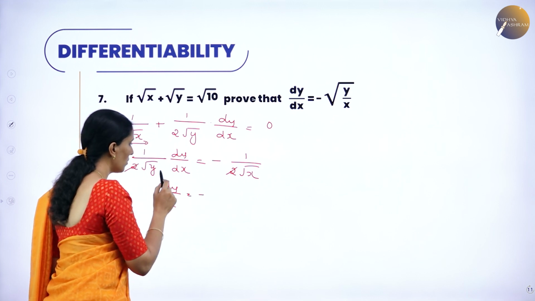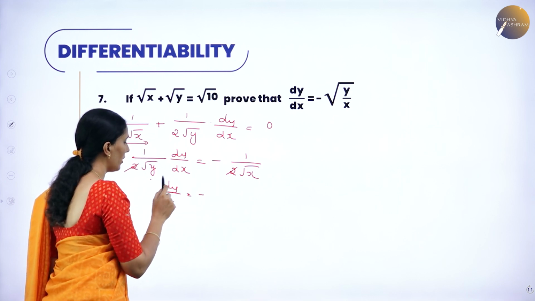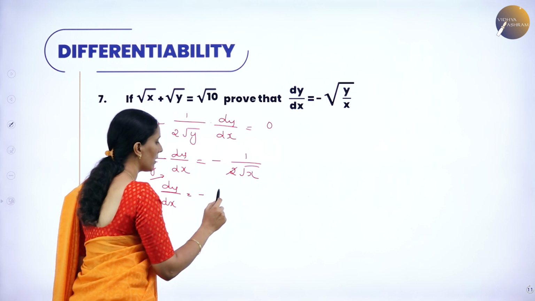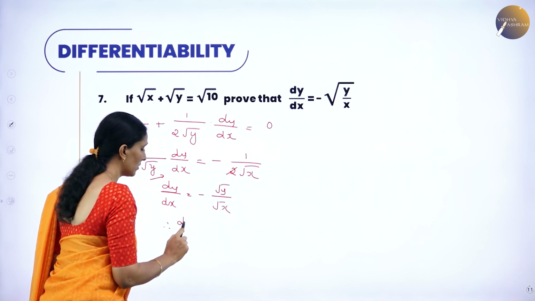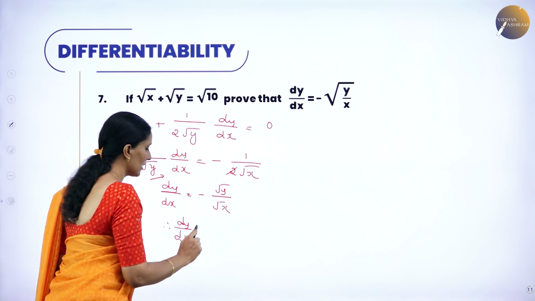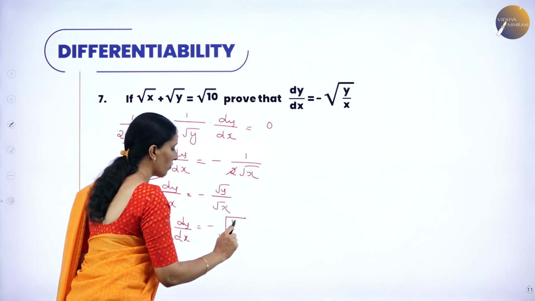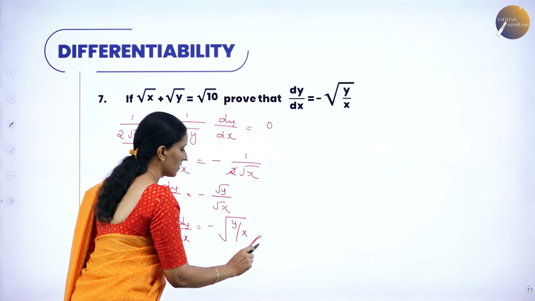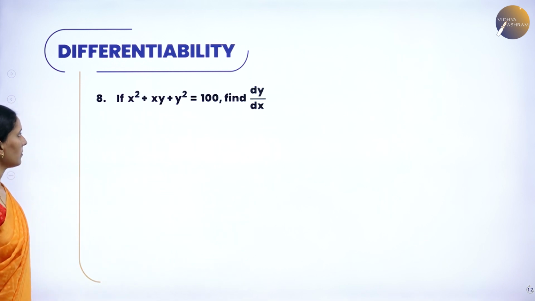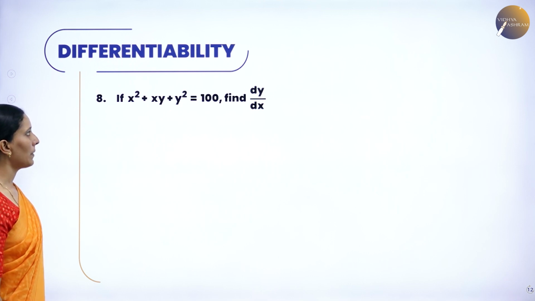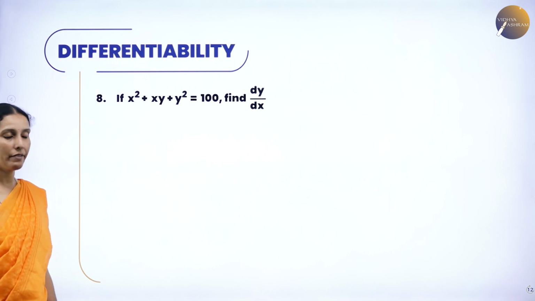So we have minus root y can be shifted in the numerator. So this becomes root y by root x. So therefore, dy by dx can be written as minus root of y by x. Hence we prove.